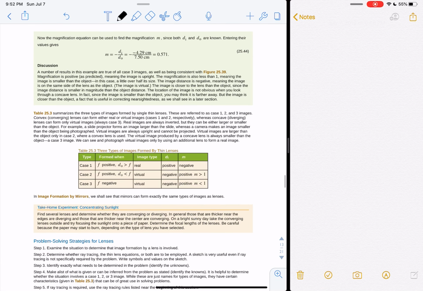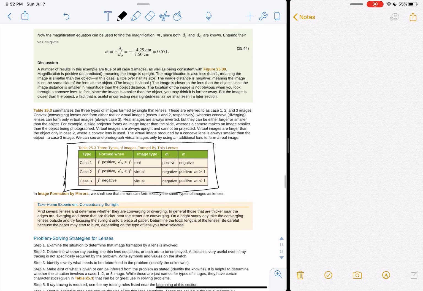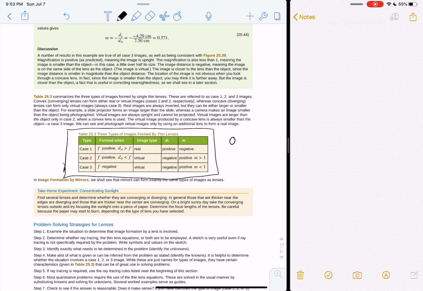The trickiest thing with these lenses is remembering the signs for the objects and the images. Generally, if the object and the image are on opposite sides of the lens, both of them are positive. If the object and image end up on the same side of the lens, one of them is negative.